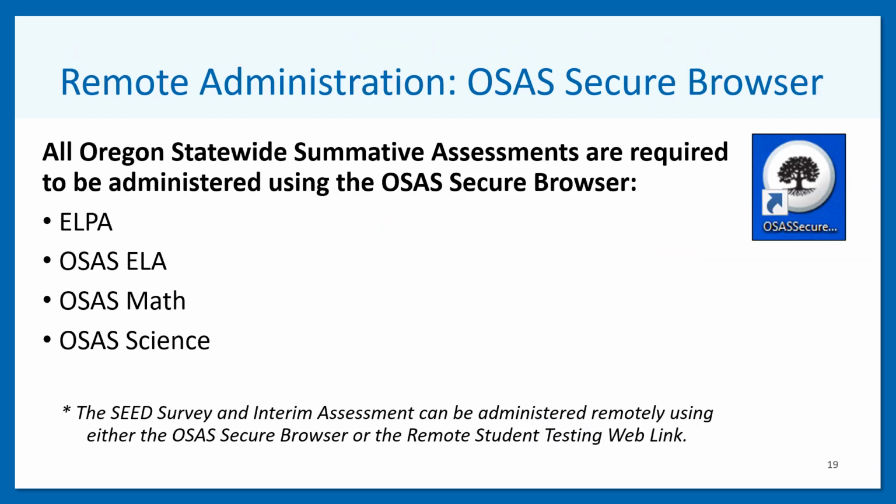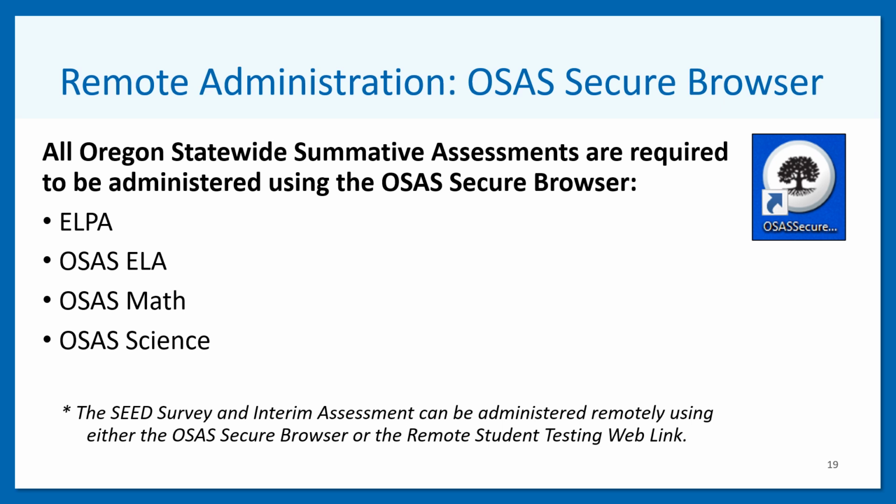All Oregon statewide summative assessments are required to be administered using the OSAS Secure Browser. This includes the ELPA, the OSAS ELA, math, and science tests. If a district is unable to load a secure browser on the student's device, they will need to arrange an alternate in-person opportunity.